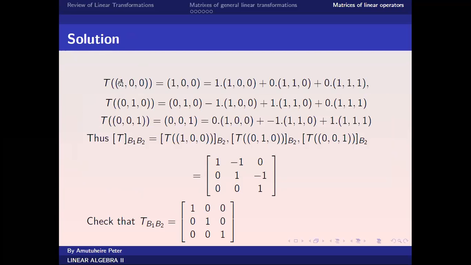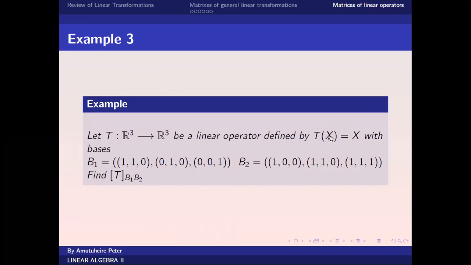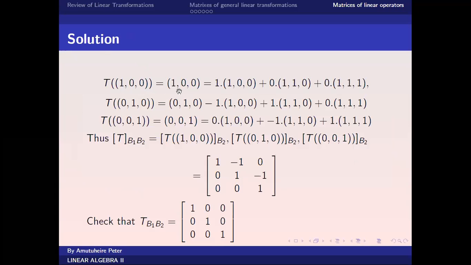So we transform the basis elements. That's what we do. T of this first basis element returns the same, because this is how the transformation is defined. Give it an X, it returns an X. So what do we do after this? We write this as a linear combination of B2. So to get this, we need the 1 here, a 0, 0.